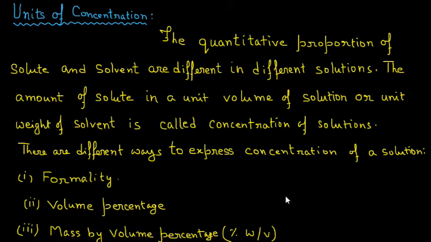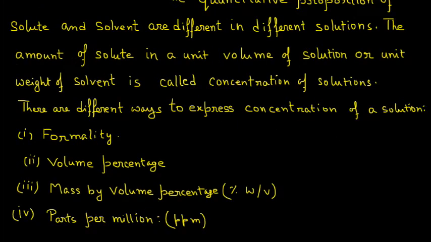So there are different ways to express the concentration of a solution. First is formality, second is volume percentage, third is mass by volume percentage, percentage W by V, and fourth is parts per million, ppm.